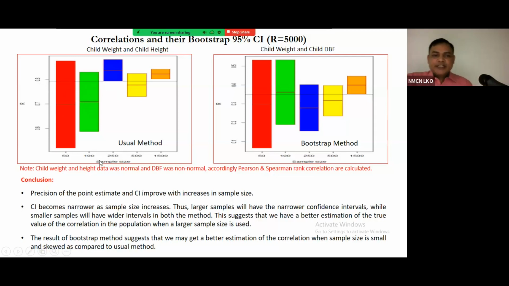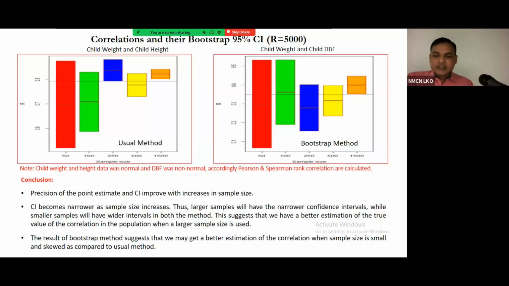As we increase the sample size, the confidence interval becomes narrow. So we conclude here that the precision of the point estimate and confidence interval improve with increases in sample size. The confidence interval becomes narrow as the sample size increases.